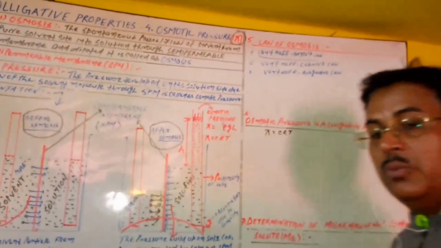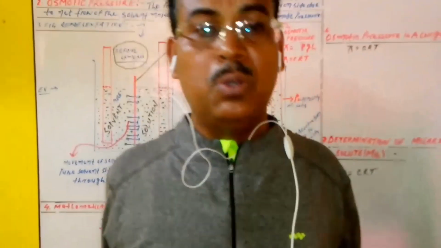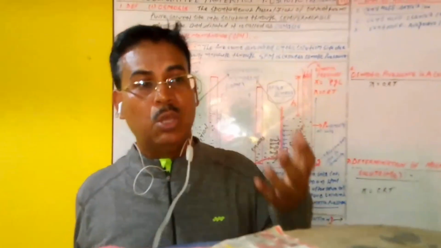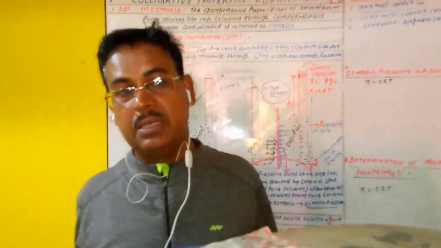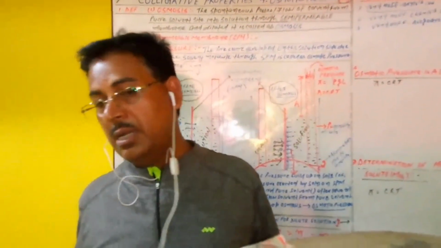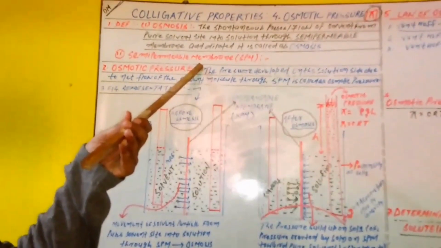But these we must discuss in the next class. So these are the concepts about osmosis, osmotic pressure, their figure representation, and their mathematical treatment. But one thing is left here, so quickly we give one definition and close this topic.